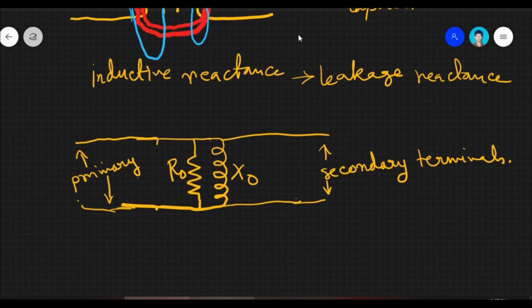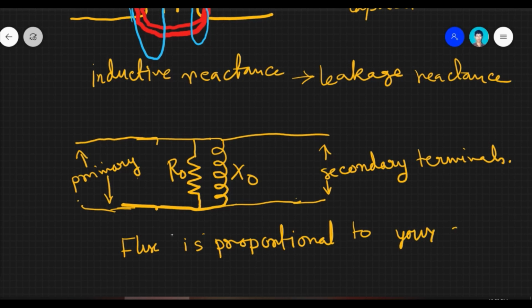If this primary winding, what is there? It is producing some voltage, and your flux is proportional to your supply voltage and frequency.